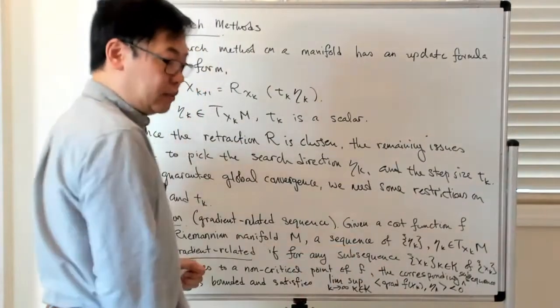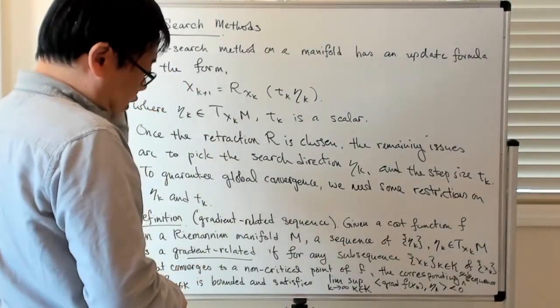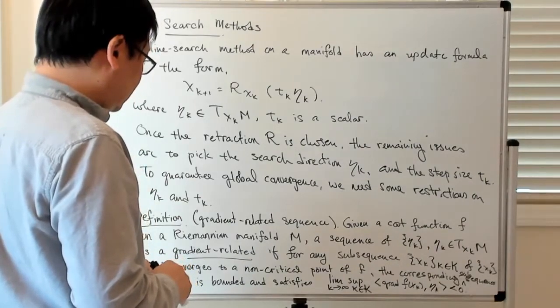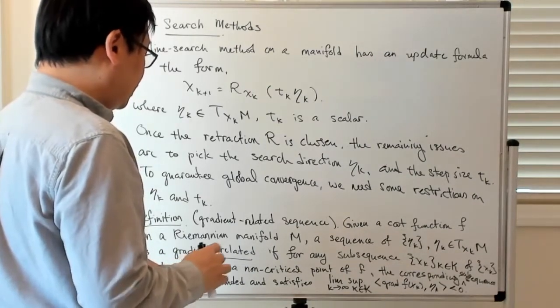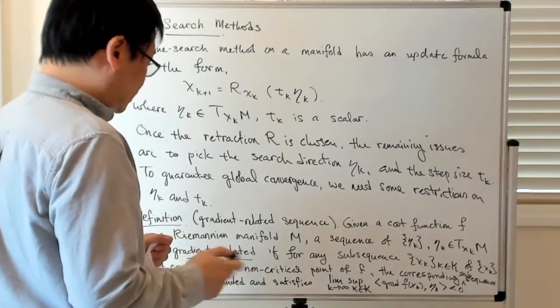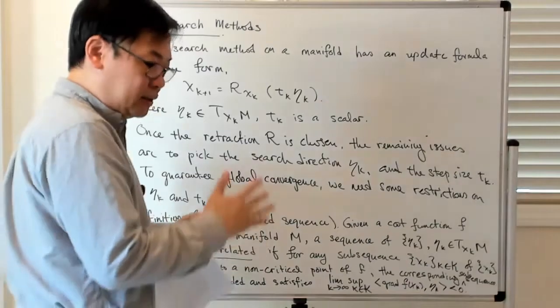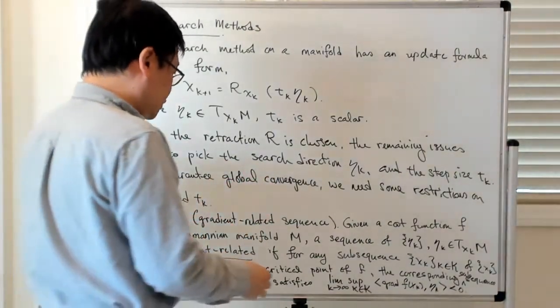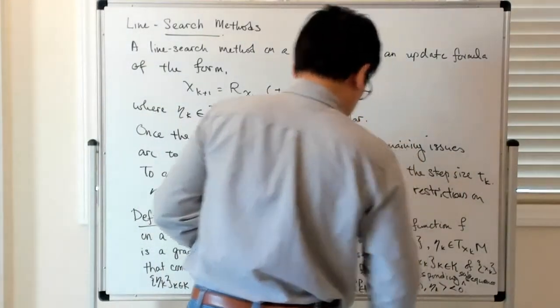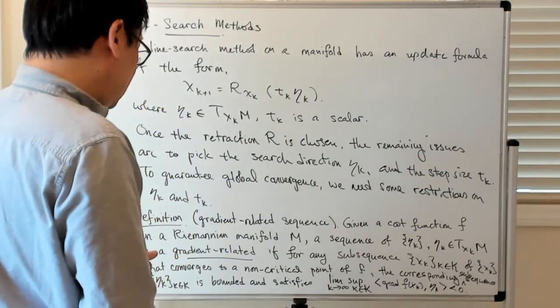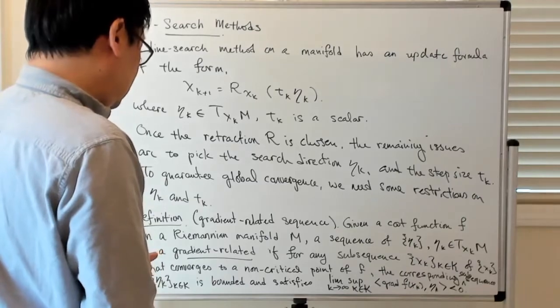It's like in some sort of limiting sense, okay? And the reason, if you will, is that you don't want a situation where the search directions end up being in some sense perpendicular to the gradient directions, right?